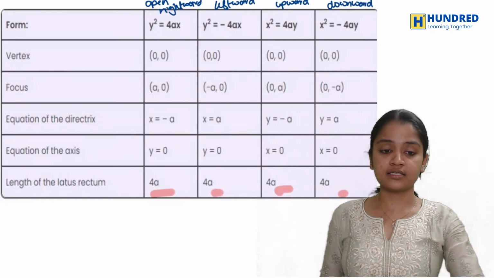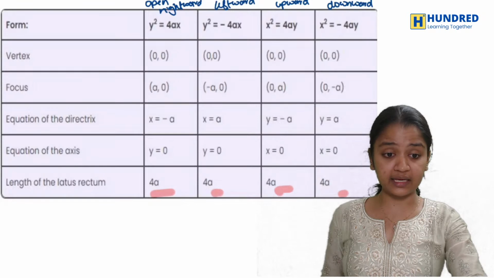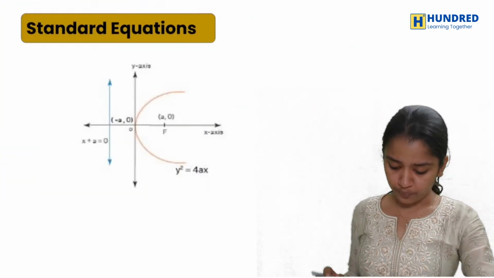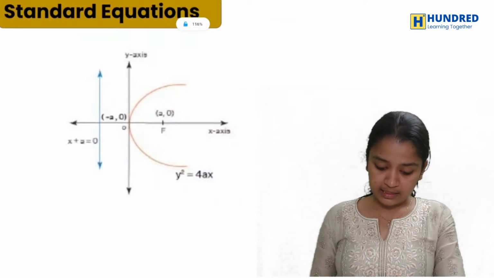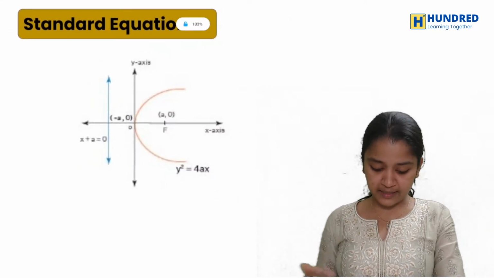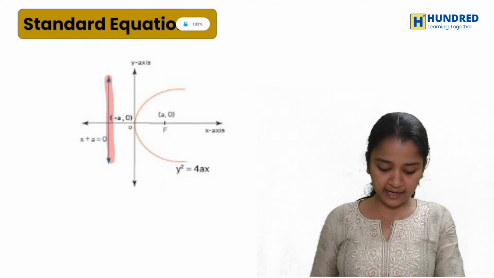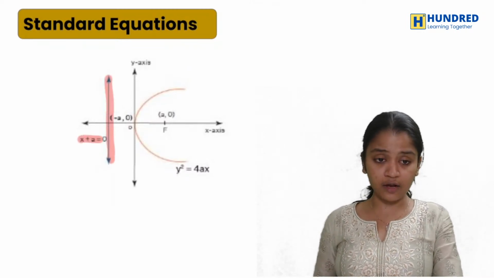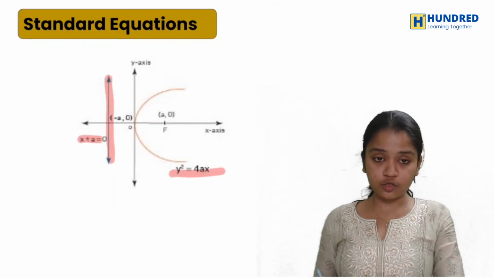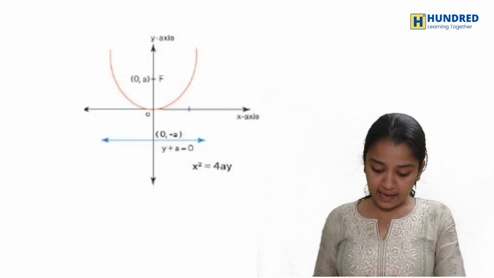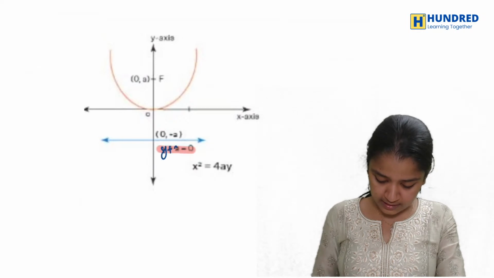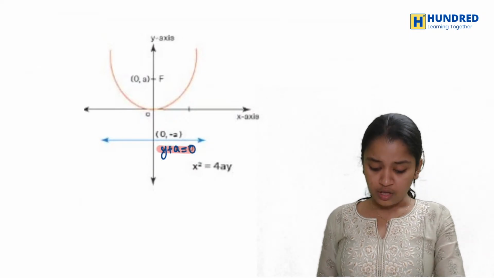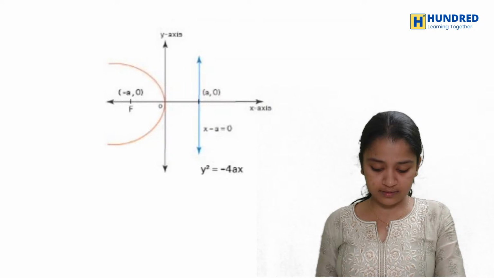Okay, now let's quickly go. These are the standard ones, I hope it is clear. These are the standard explanations: your directrix line is x plus a equal to 0 here, and this is standard for y square equal to 4ax. In the same way, this is y plus a equal to 0 here.